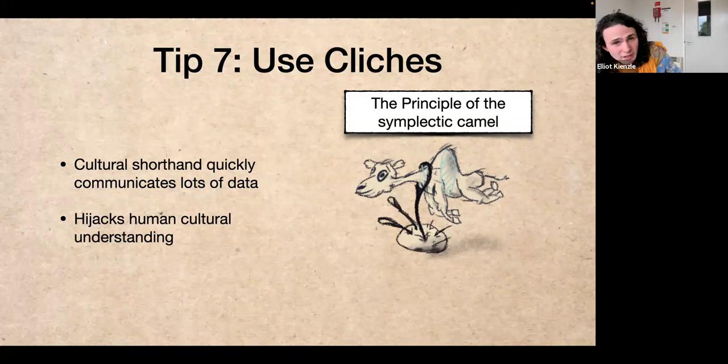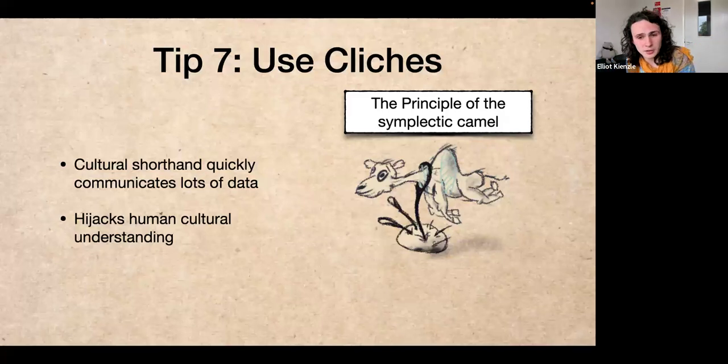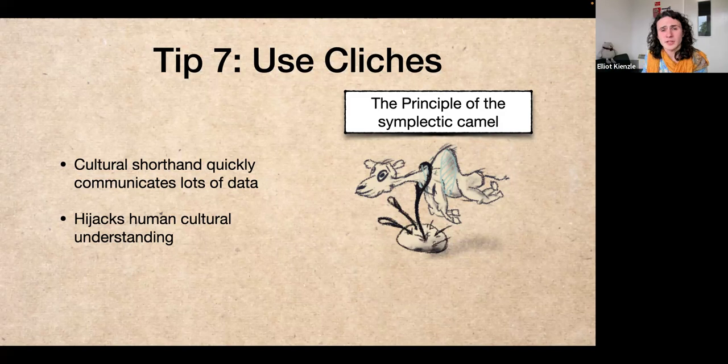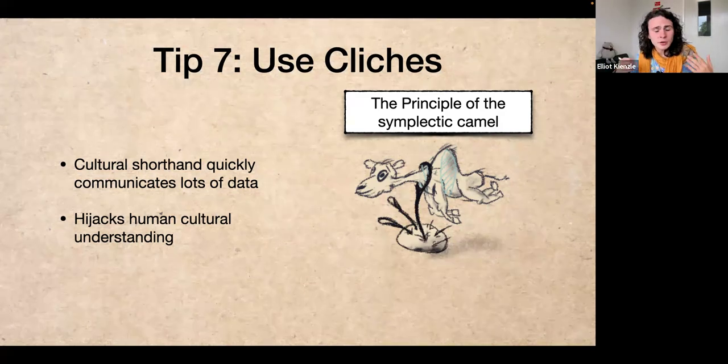A cliche, I'm thinking of this as just cultural shorthand, an analogy relating the mathematical objects I'm trying to describe to some cultural reference that the audience understands. And it's a very efficient way to communicate lots of data. Essentially, we are hijacking humans' cultural understandings to become mathematical understandings.